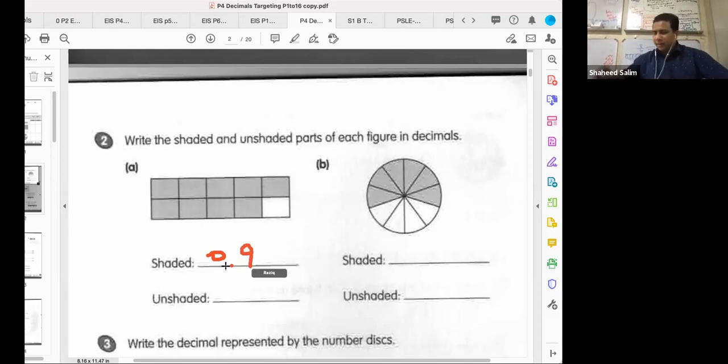Very clear. Well done. One or zero? Okay, let's say zero, because there's no one over there. Unshaded something. Okay, zero.